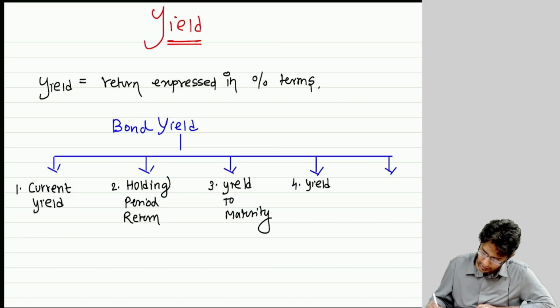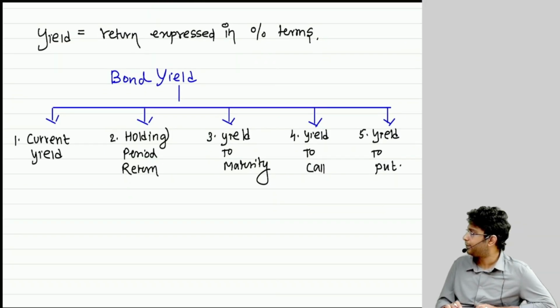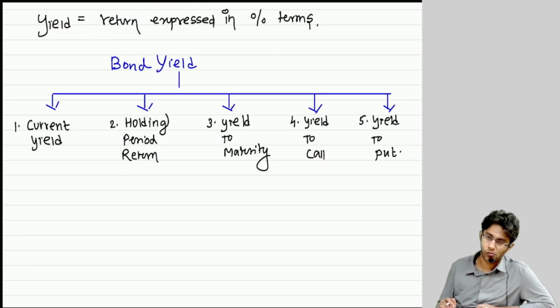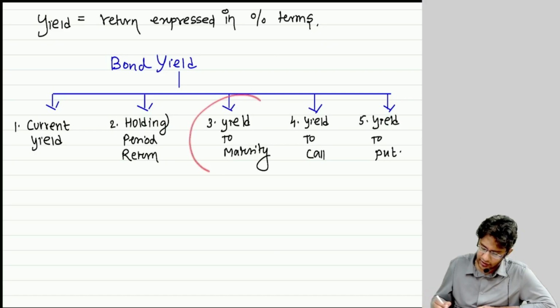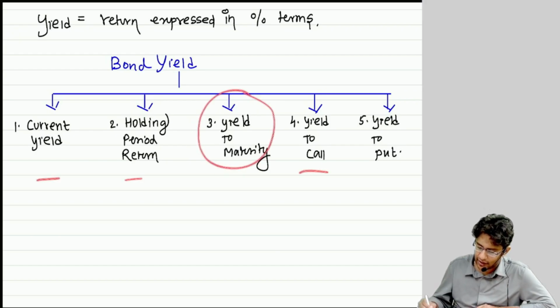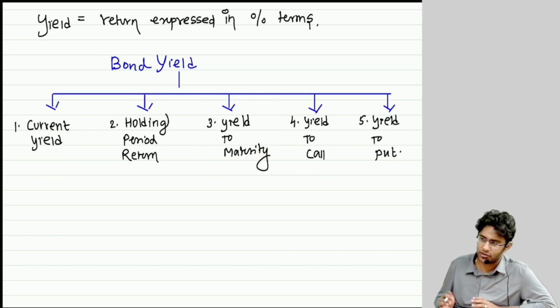Fourth one is called yield to call. Fifth one is called yield to put. One by one we have to cover. And among all these, this fellow is the hero. It means, sir, these are all side characters. You have to learn everything. Questions will come on these cheap sums also.